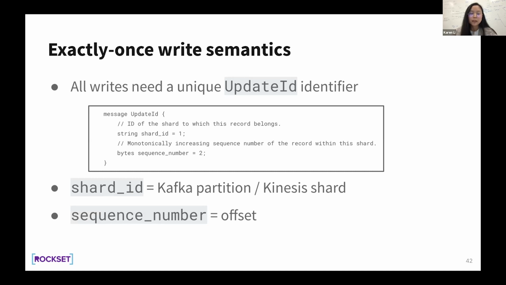The update ID is composed of two separate fields. The first is the shard ID, so which shard does this write belong to? And then we have the sequence number, because we know that the writes are ordered within the stream, and this sequence number is monotonically increasing. In practice, the value of the shard ID is going to be your Kafka partition or Kinesis shard, and the sequence number is going to be the offset.